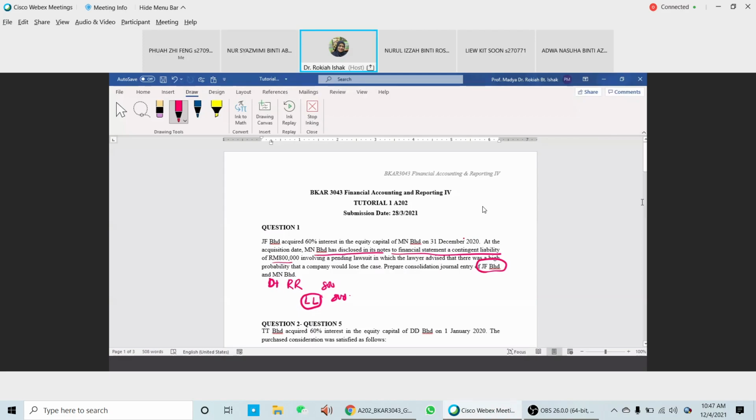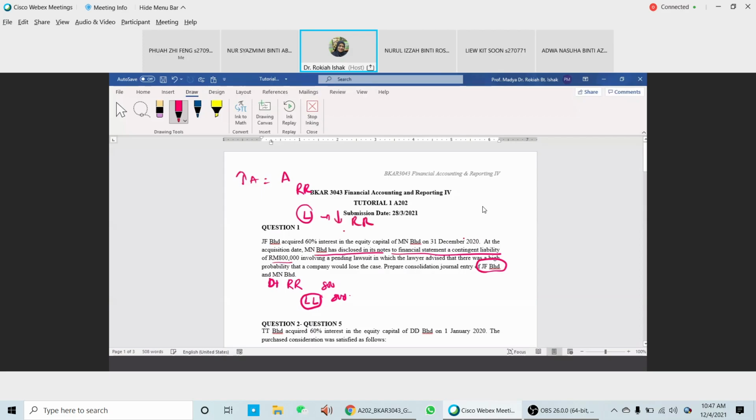Okay, so the revaluation reserve. You're going to debit a revaluation reserve because, if you still remember last time, when you have an increase in the value of an asset, you debit the asset and credit a revaluation reserve. But this time you have a liability. Once it's a liability, it's going to reduce your revaluation reserve.